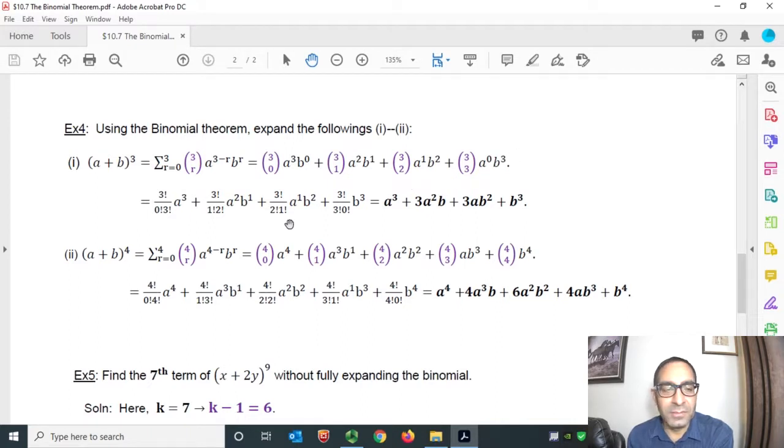In the next step, let's use the binomial coefficients formula to compute the binomial coefficients.